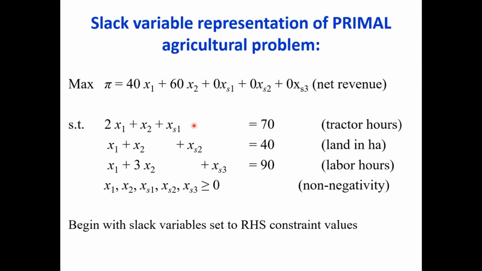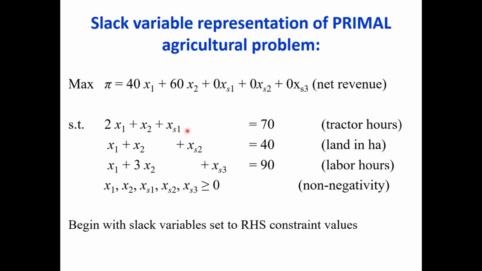Now, in order to represent this problem, and this is what Dixit discusses with us in his text from chapter 1 on, but he uses slightly different notation. In this case, we need slack variables in order to get rid of the inequality constraint.